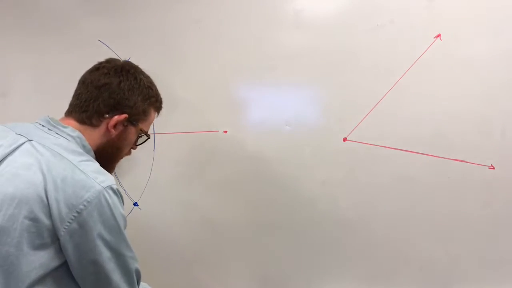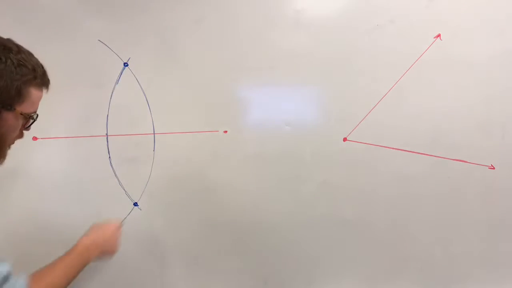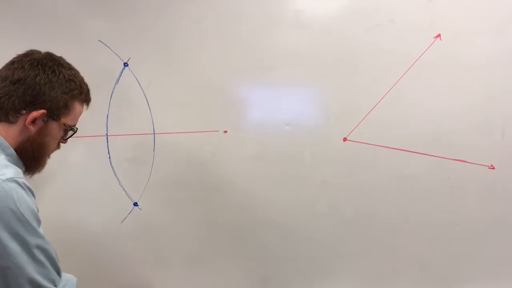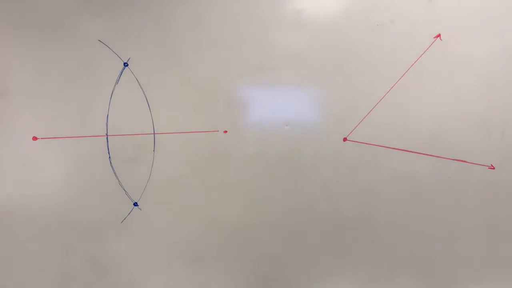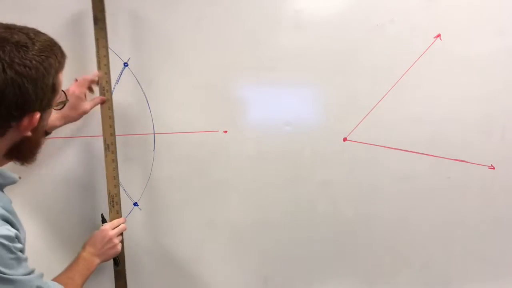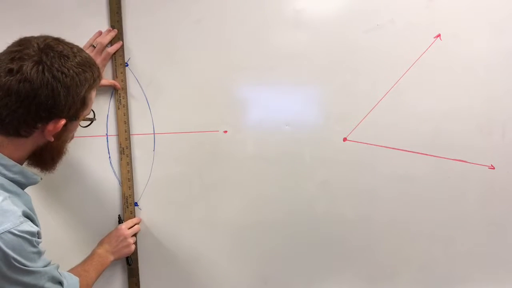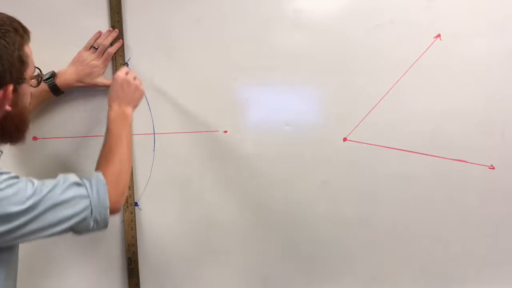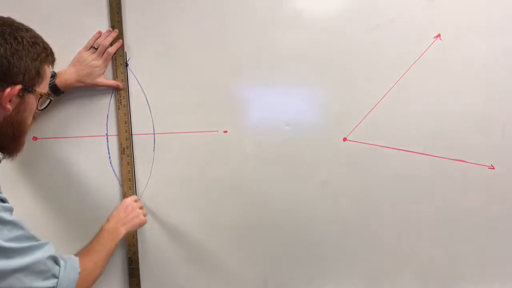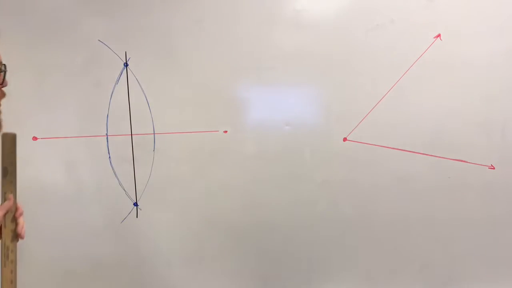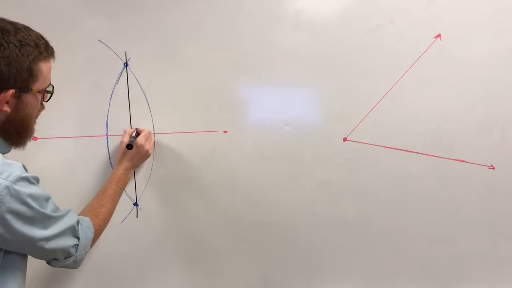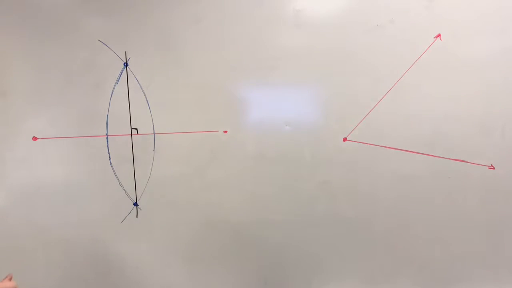But regardless, we can see those points where they intersected, and I want to connect those using my straight edge. I'm not measuring anything here, I'm just using this as a straight line to connect these points. And when we connect those points, it is going to be perpendicular to our original segment, but also it bisected.